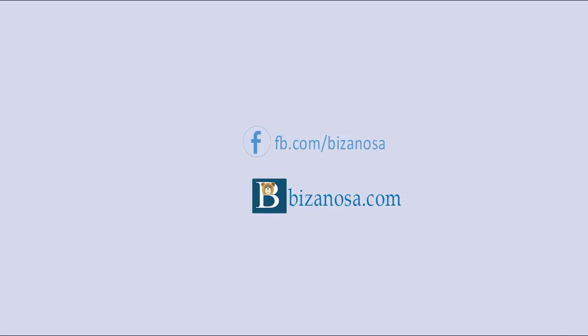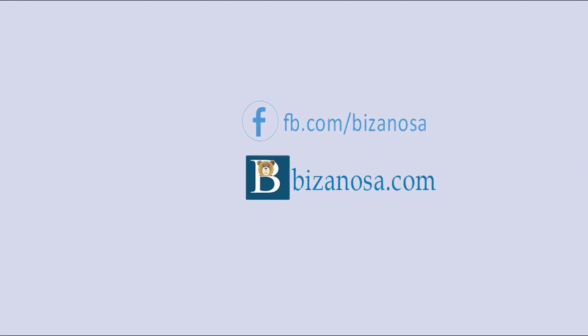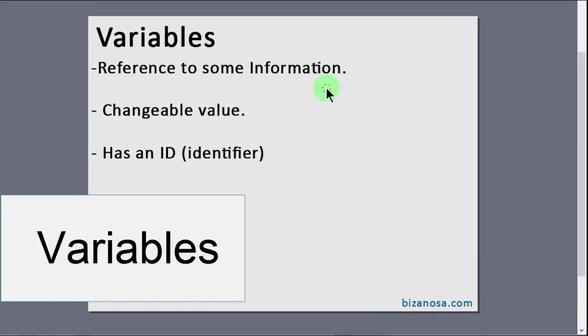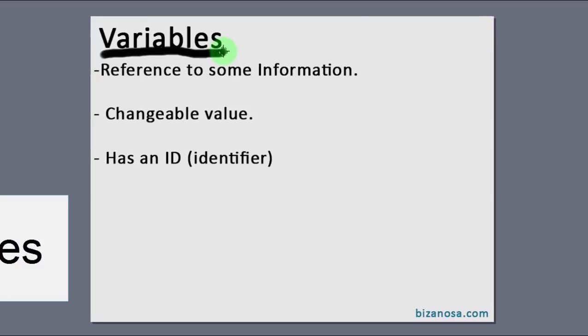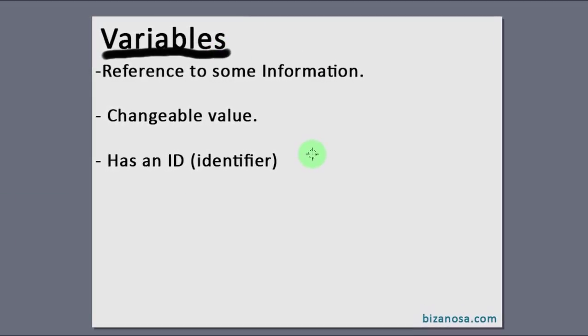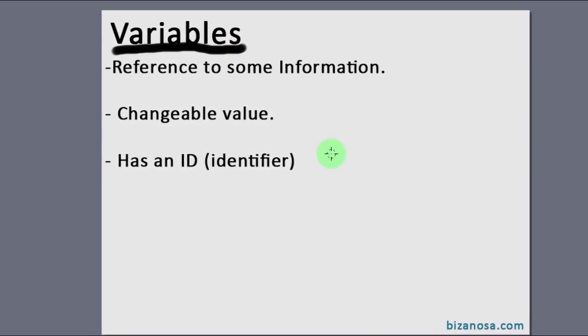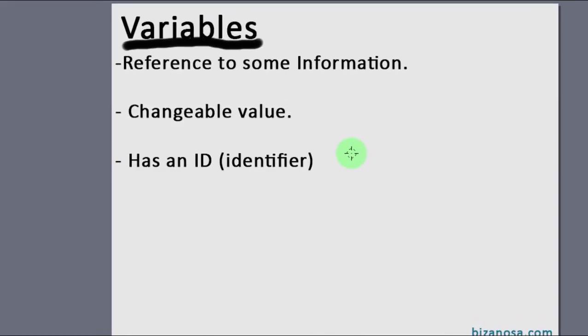Hello and welcome back. In this video, let's talk about variables. Now, variables are a reference to some kind of information. So what does that mean? For example, let's say you want to store passwords. You can't store all the passwords that are put into your system.